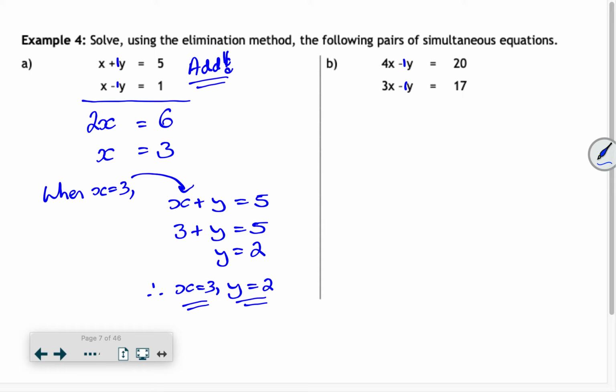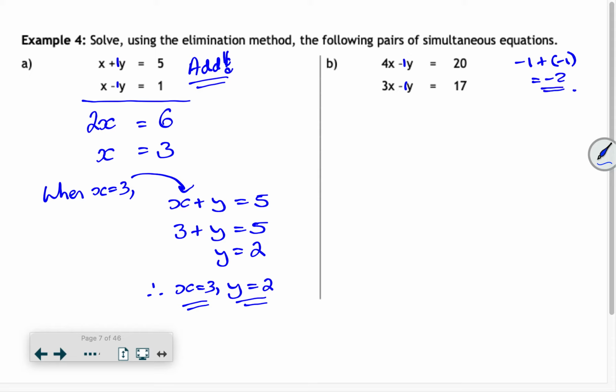In the other equation we had a plus 1y and a minus 1y. If I added them together, I would have got 0, but if I add minus 1 and minus 1, if I say minus 1 plus minus 1, that would give me minus 2. That will not eliminate the y's.